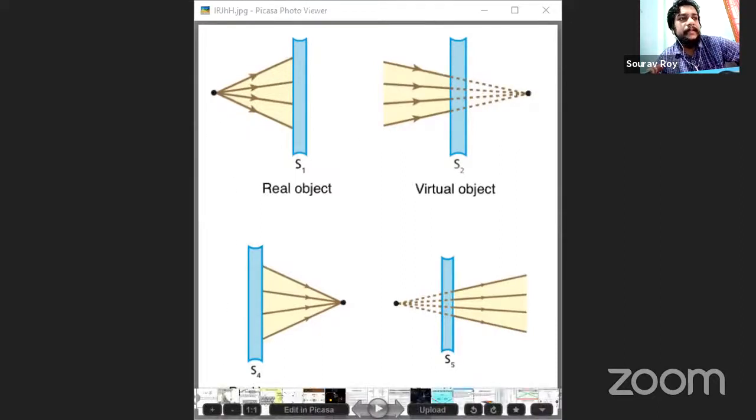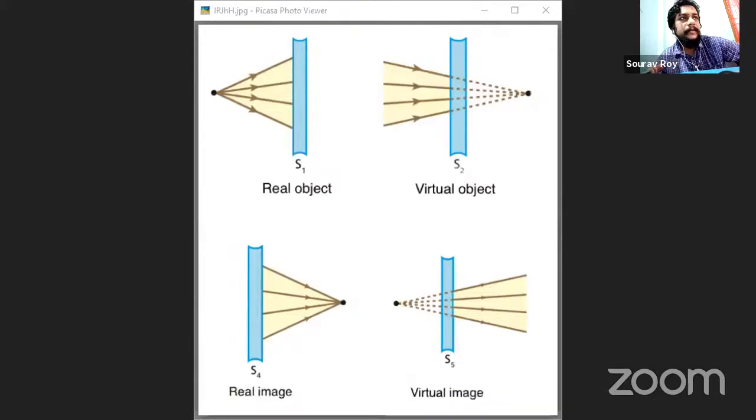If you go and ask these rays where they have come from, what was your originating point, they will say just take my path and go behind, and you will find where the object is. So these were the real object which I was talking about.